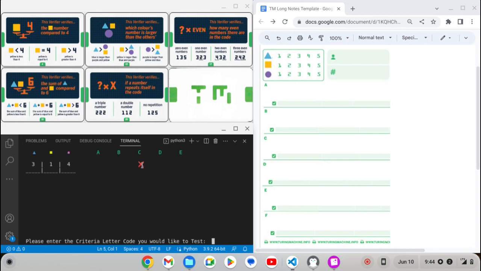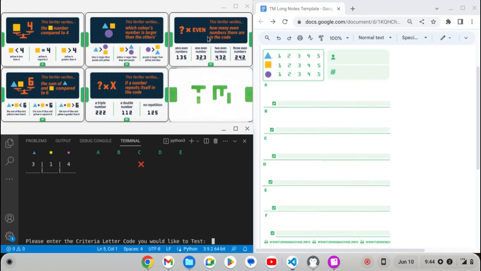Okay, so the Turing machine does not approve of my proposal. Notice that in my proposal of 314, I've got 2 odds to 1 even. So basically it's telling me that no, there is not simply a single even value.